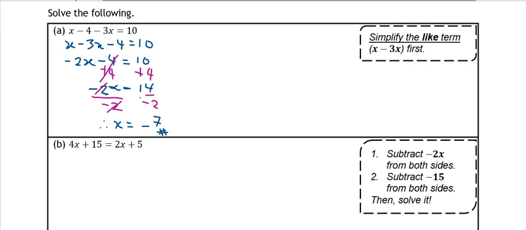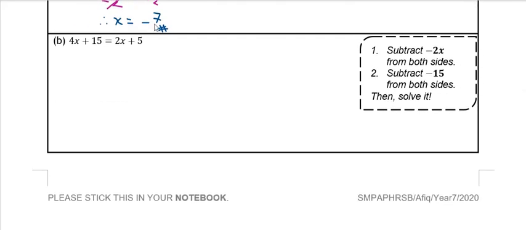Okay, for the next part, in example B, 4x plus 15 equals x plus 5. Since you have x on both sides, you cannot leave it like that. You have to make sure that x is on one side. It's preferable to collect them on the left side.